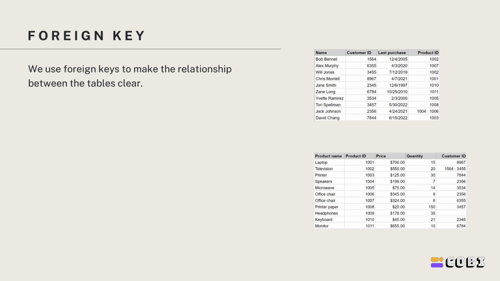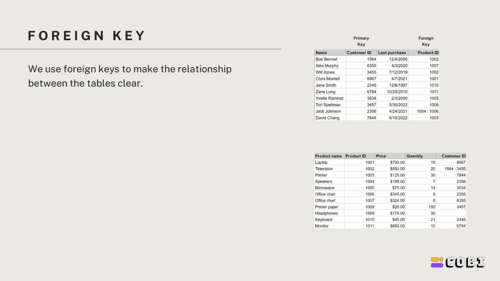So here I've added an additional column to each table, which represents the foreign key. So in the top table for customers, you have your primary key, which is the customer ID. But you also have a foreign key, which is the product ID for each customer.